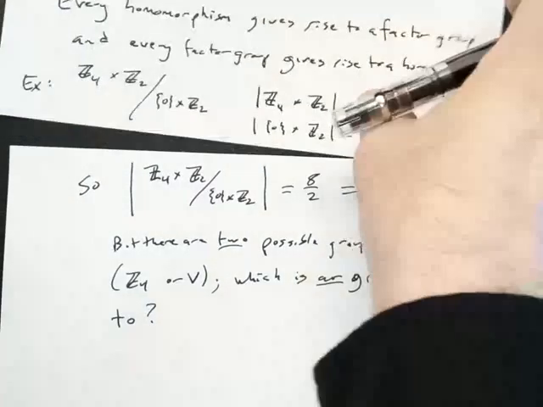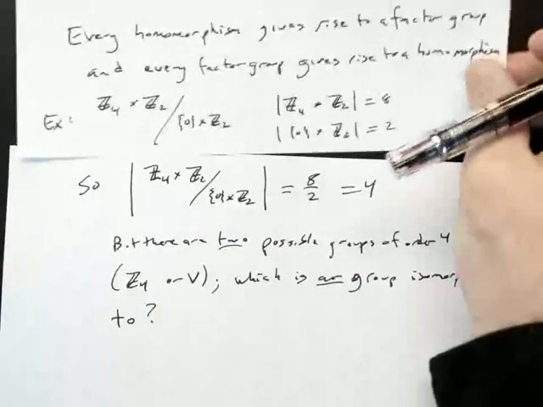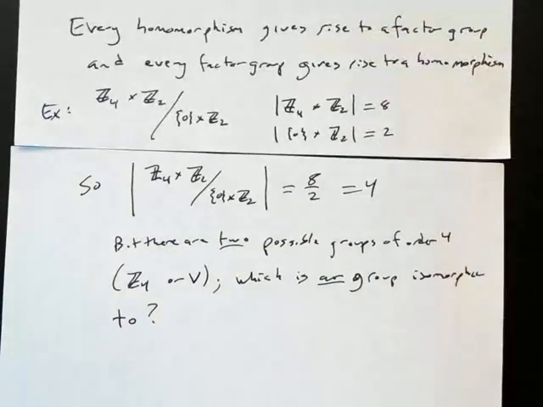Is the result of our factor group going to turn out to be Z4, or is it going to be the Klein 4 group, V? I don't know off the top of my head. But think about that picture, our fundamental homomorphism theorem picture.